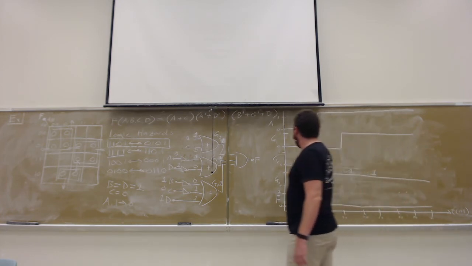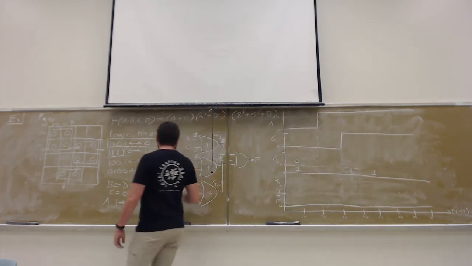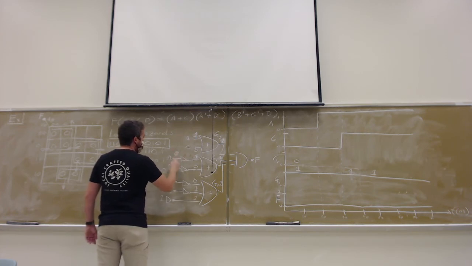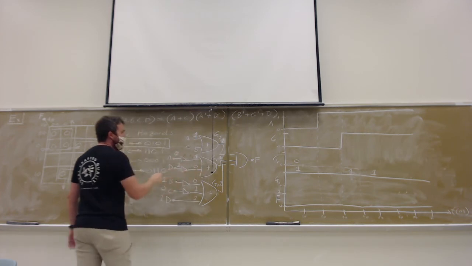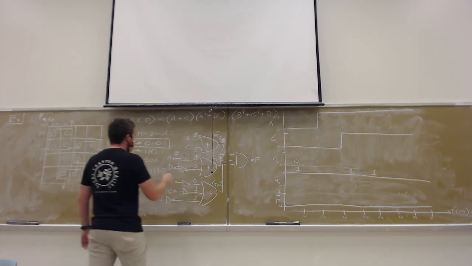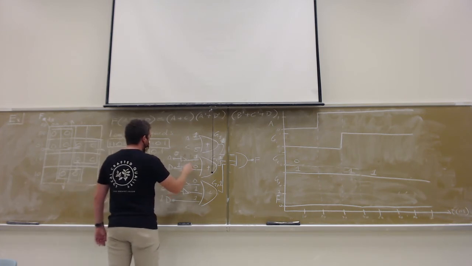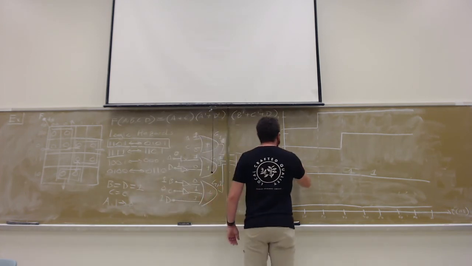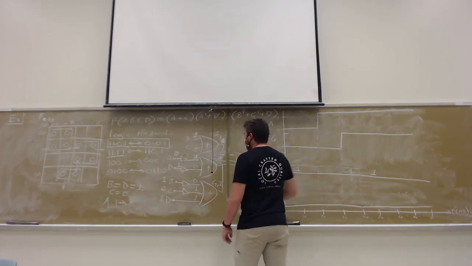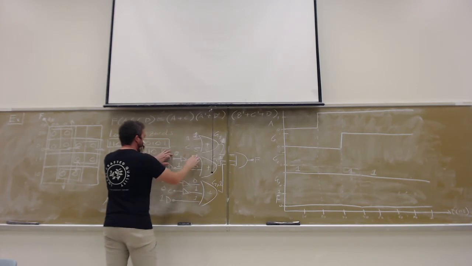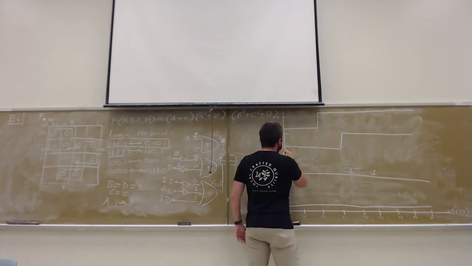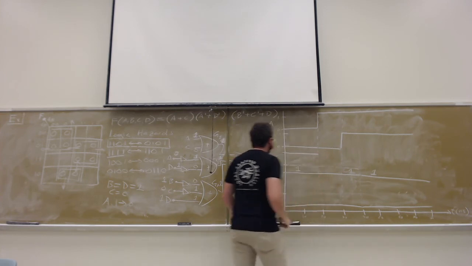G2 will be, let's see, D is 1. We start with A equals 0. G2 is going to start with 1, since A is equal to 0, so it's 1, 1, 0, 1, 0 is 1. So at the start of the life, until the transition, it's going to be at 1.